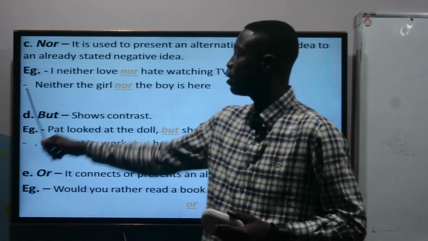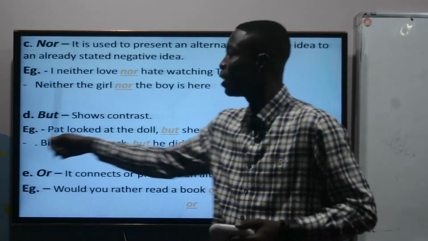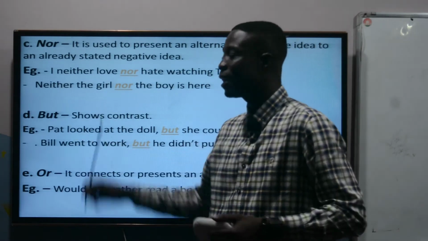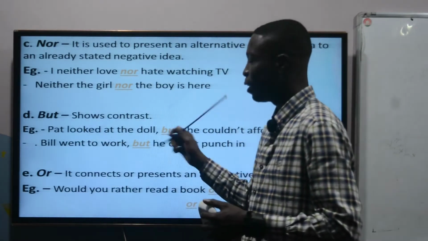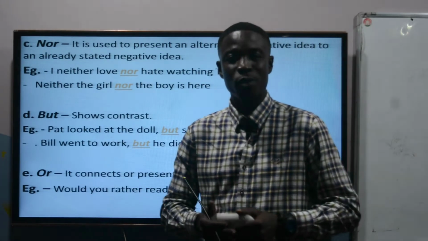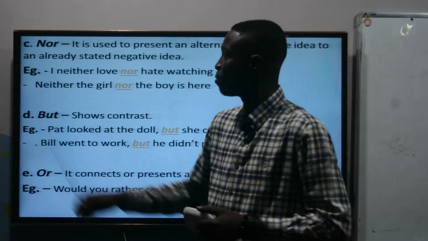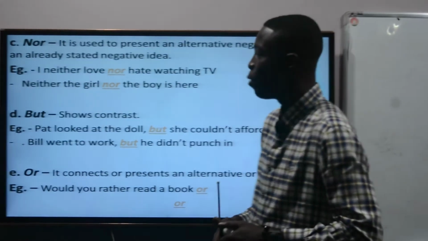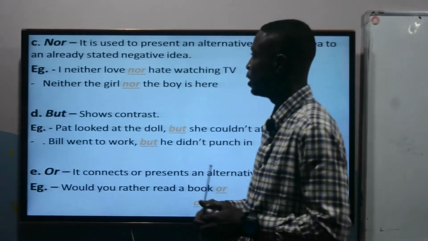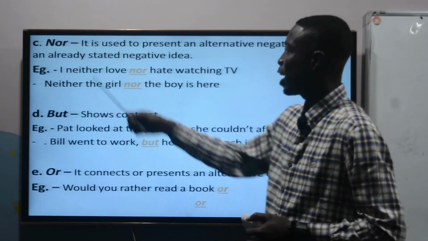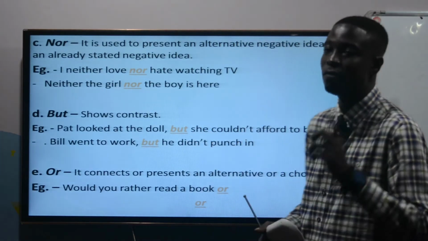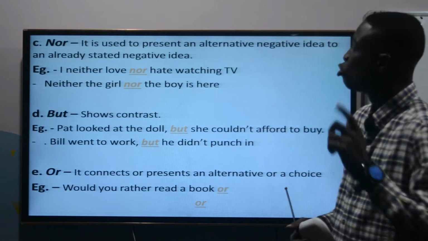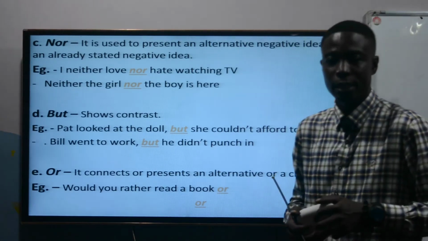So the first clause or phrase is neither the girl is not there, nor the boy is here. The boy too is not here. And then we move on to the next point. But don't forget, it is used to present or connect an alternative negative idea to an already stated negative idea.